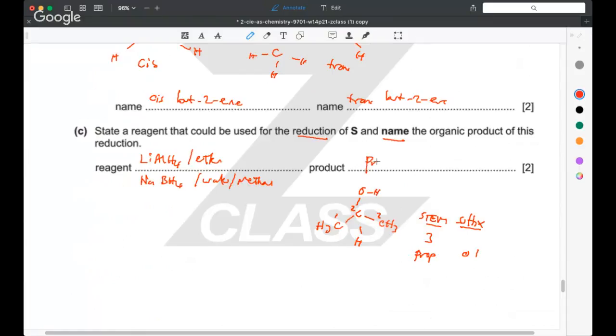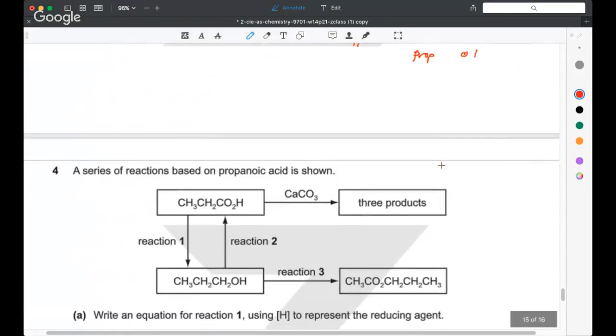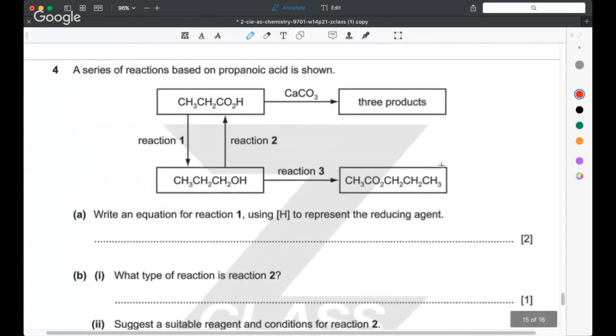So the answer there is propan for the stem, the position is 2, and the functional group suffix is ol, the alcohol. Okay, still going strong on organic chemistry.